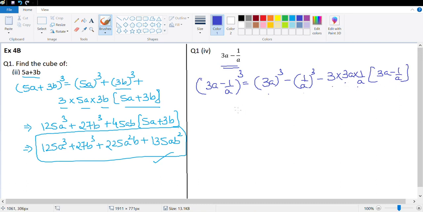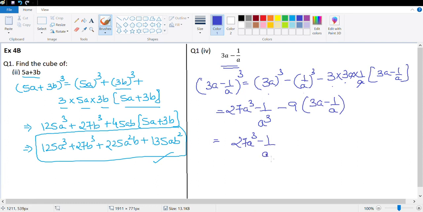That's correct. So that's 27a cube minus 1 upon a cube. This a and this a get cancelled. So what we are left with is minus 9 times 3a minus 1 upon a. If you want, you could also open this bracket. That would be 27a cube minus 1 upon a cube minus 27a plus 9 upon a.